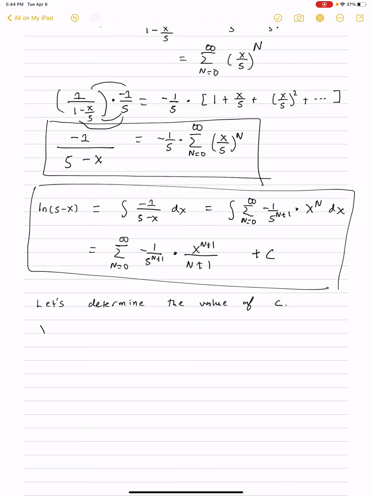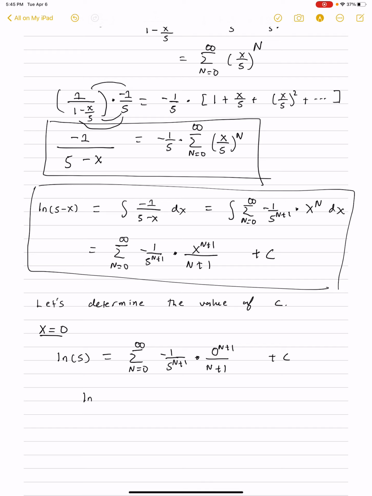One thing that I'm going to do is let x equal 0. Then the left-hand side becomes ln of 5. The right-hand side is the summation from n equals 0 to infinity of minus 1 over 5 to the n plus 1 multiplied by 0 to the n plus 1 divided by n plus 1, plus a constant.